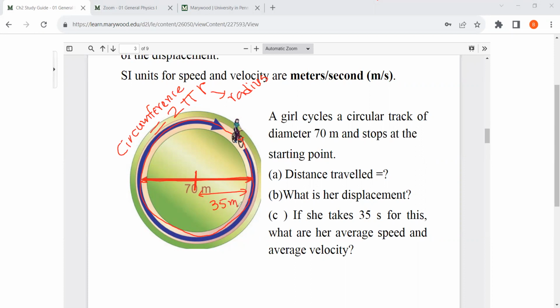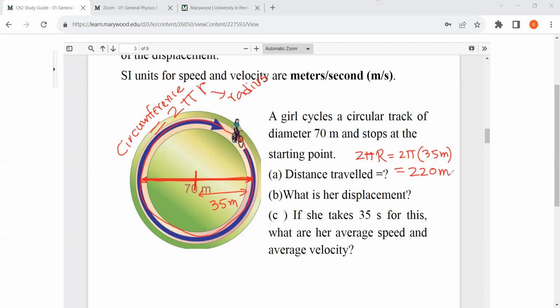The total distance here will be 2 pi times 35 meter. If you multiply this using your calculator, you should get about 220 meter. So the distance she travels is 220 meter.